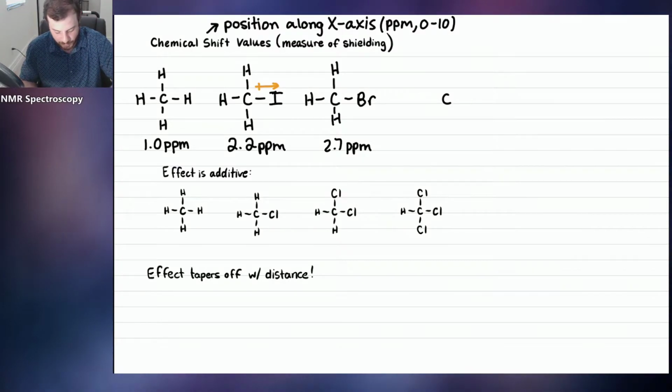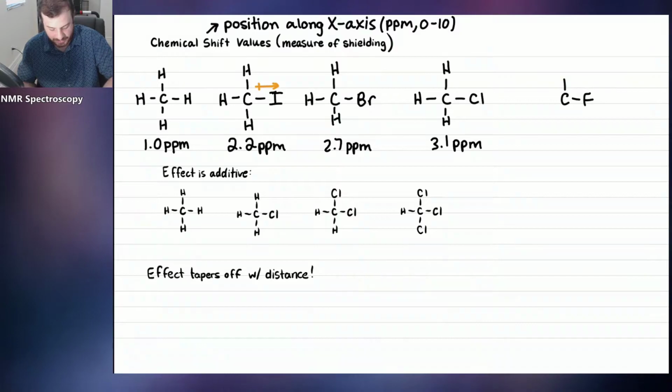We can go one step further. We can replace the bromine with a chlorine, even more electronegative. And now we're up to 3.1 ppm, even more deshielded. And why not go all the way? We can install a fluorine instead, which is the most electronegative halogen, the most electronegative atom actually, and that pulls us all the way up to 4.3 ppm.